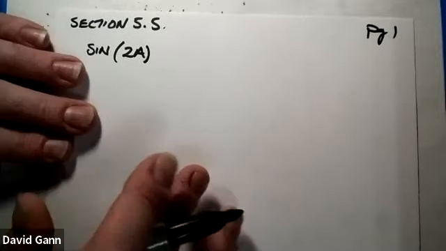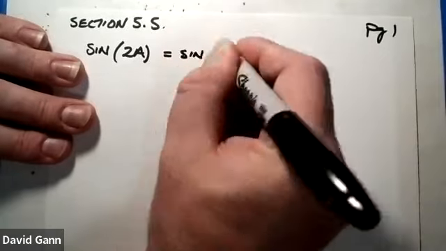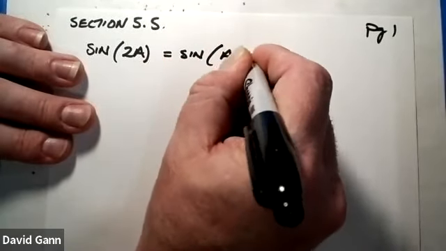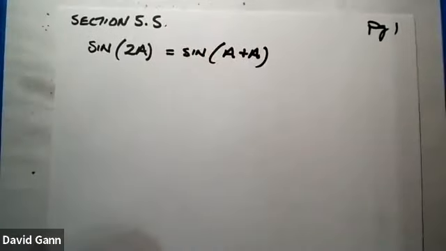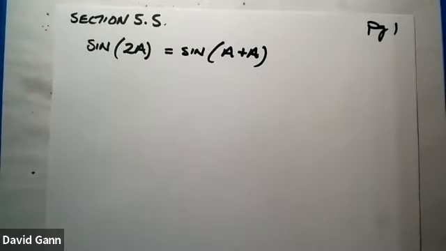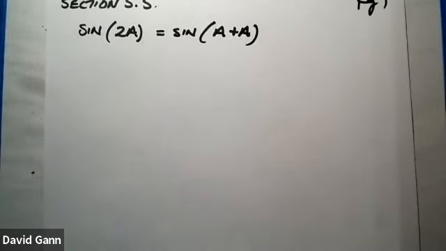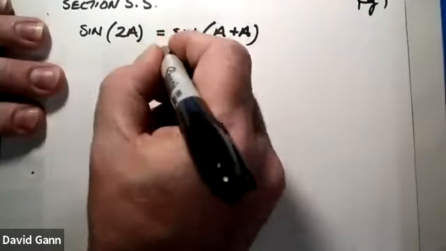So we can make this very algebraic step inside the argument and note that this is sine of A plus A. So the double angle, you can write it as a sum, or you can write it as a multiple.